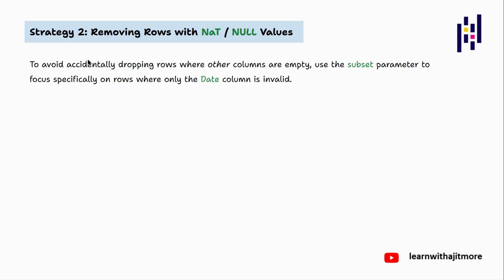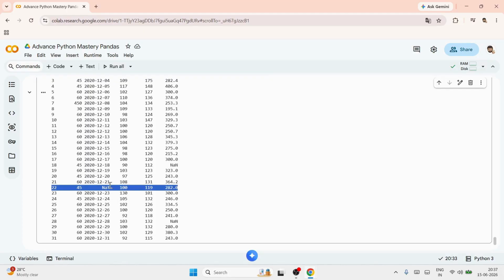So see here, to avoid accidentally dropping rows where other columns are empty, use the subset parameter to focus specifically on rows where only the date column is invalid. Meaning only that particular column's NaN is to be checked.